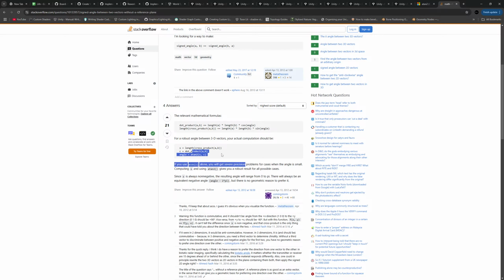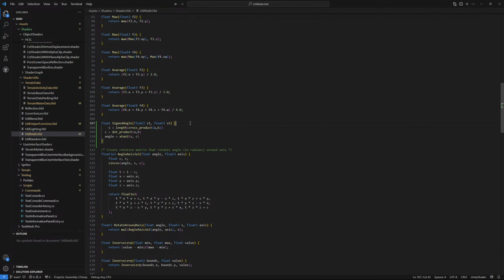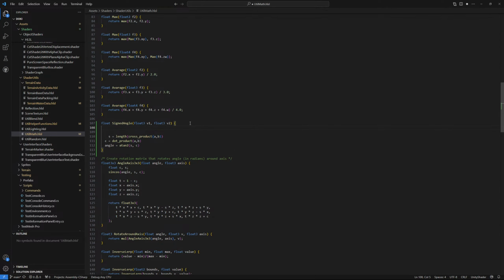So let's see if we can implement this one and see if it's the correct way to do this. I'm having high hopes in this one. So I want to do, do we have length?